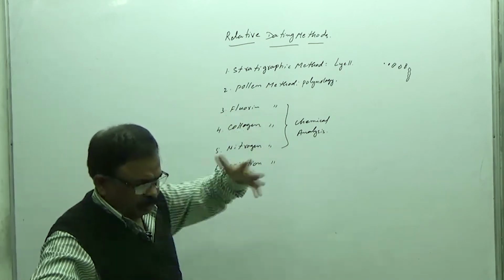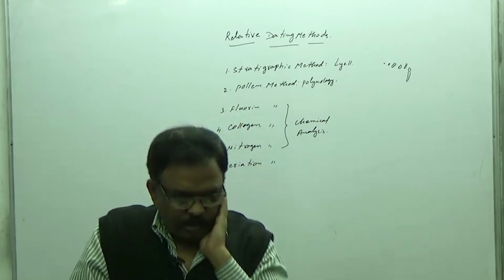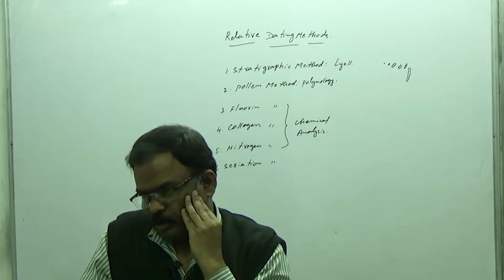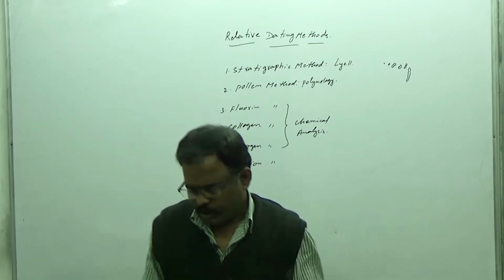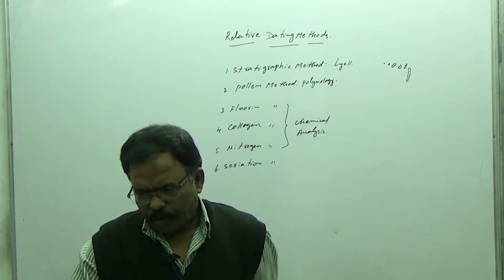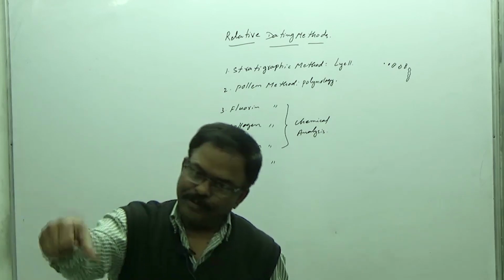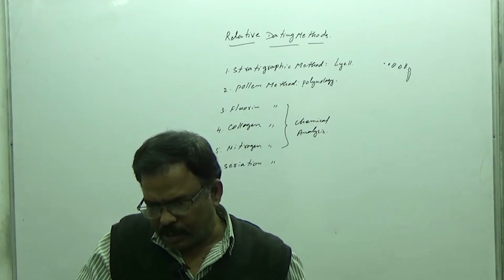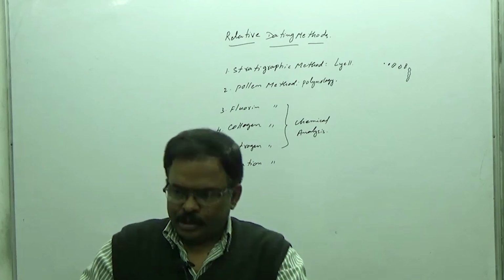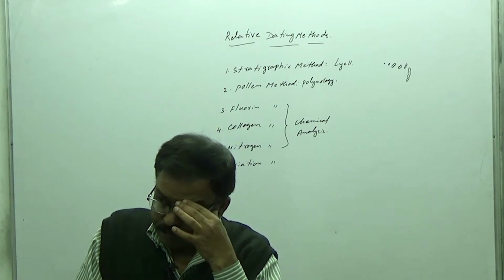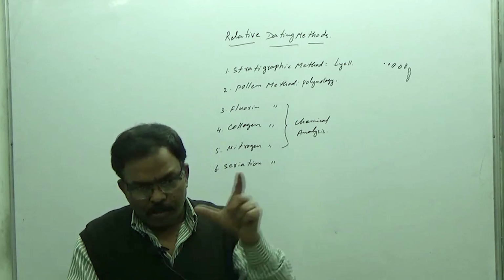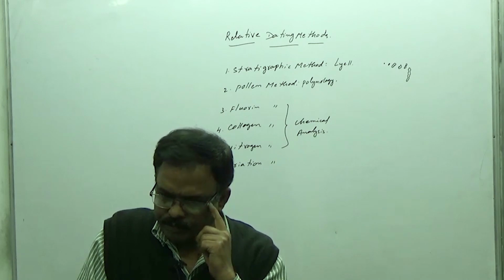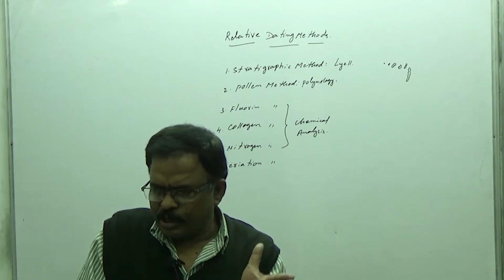So, the fluorine method. What is the fluorine method? The fluorine method is a chemical analysis method. In the process of fossilification, bones absorb fluorine, which is present in soil and water.